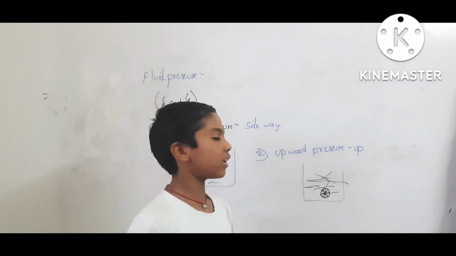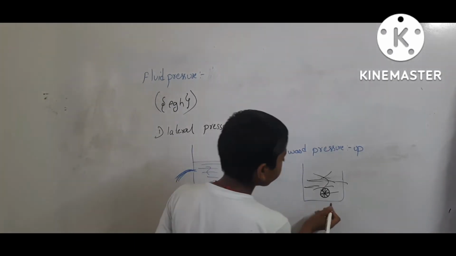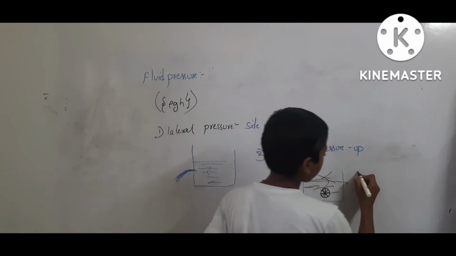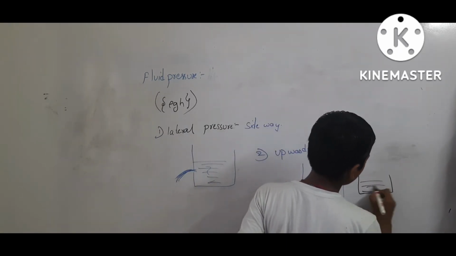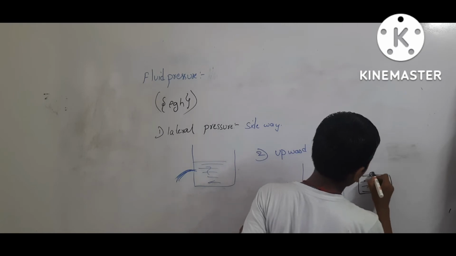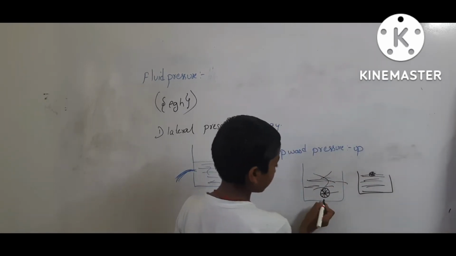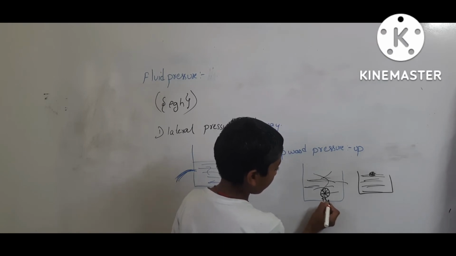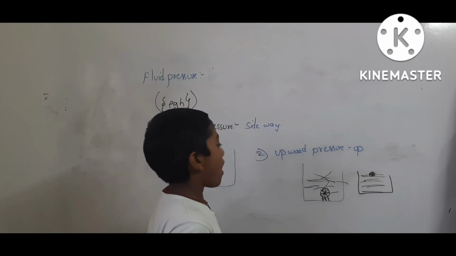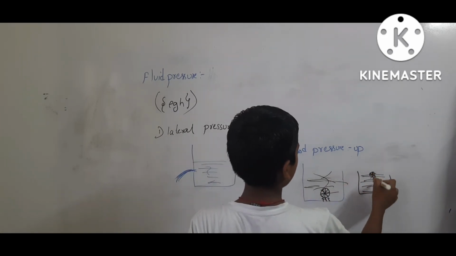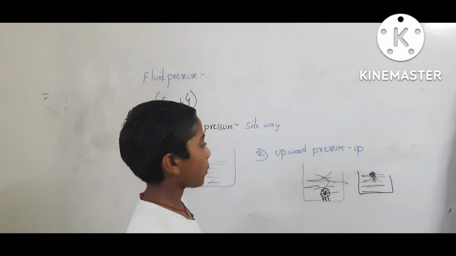Air is lighter than water, and after some time the football comes up to the water level, the football floats in water. Because of this, the water applies upward pressure, and it goes up easily because it is filled with air.